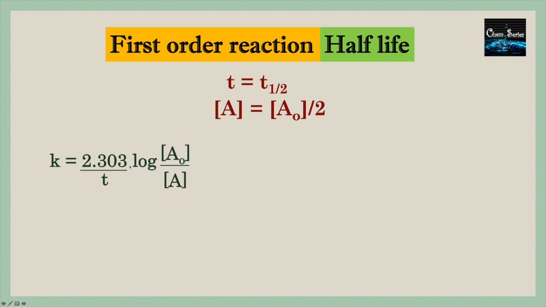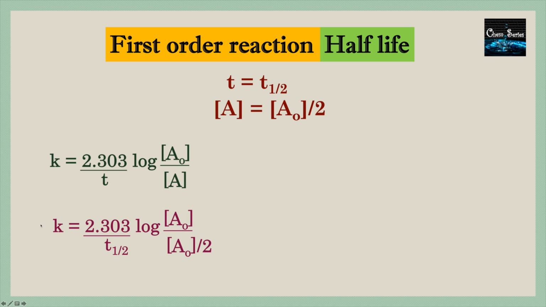This comes from the rate constant equation of a first order reaction: K is equal to 2.303 divided by T log A naught by A. In order to find the half-life, we substitute T by T half and the concentration of the reactant A by half the initial concentration. So we get K is equal to 2.303 divided by T half log A naught by A naught by 2.